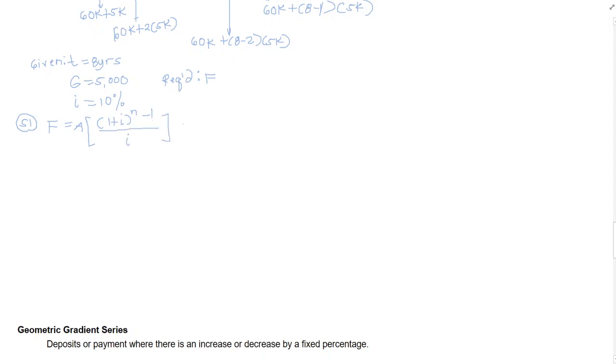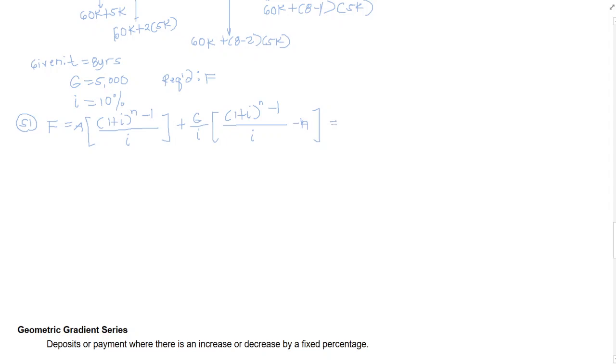Okay, so that is added to the gradient divided by the interest multiplied by 1 plus i raised to n minus 1 divided by the interest rate minus the number of periods, which is in years. So to get that, let us substitute the values.